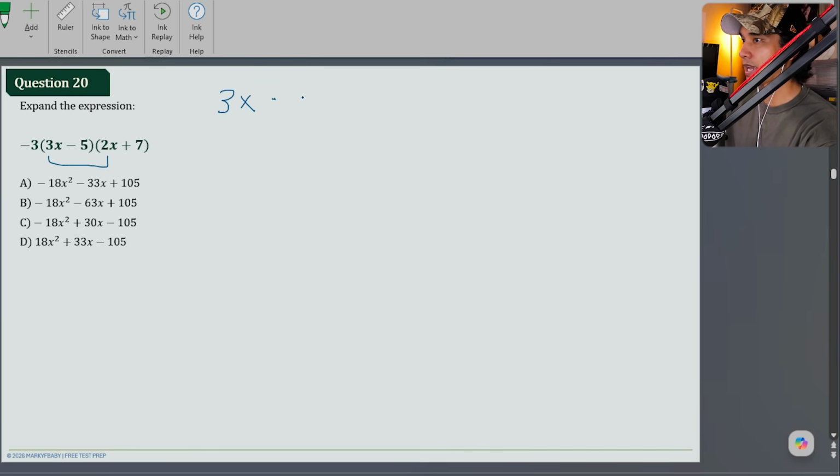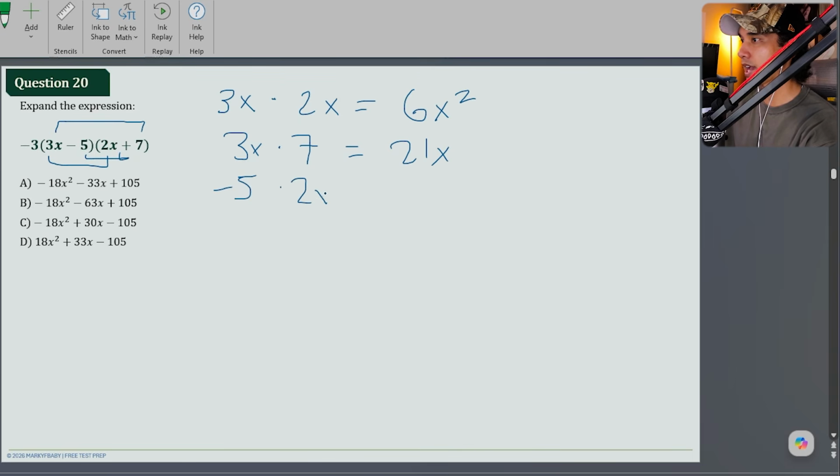I'm going to multiply this with this. 3x times 2x equals 6x squared. 3x multiplied by 7 equals 21x. And then -5 times 2x gives me -10x.